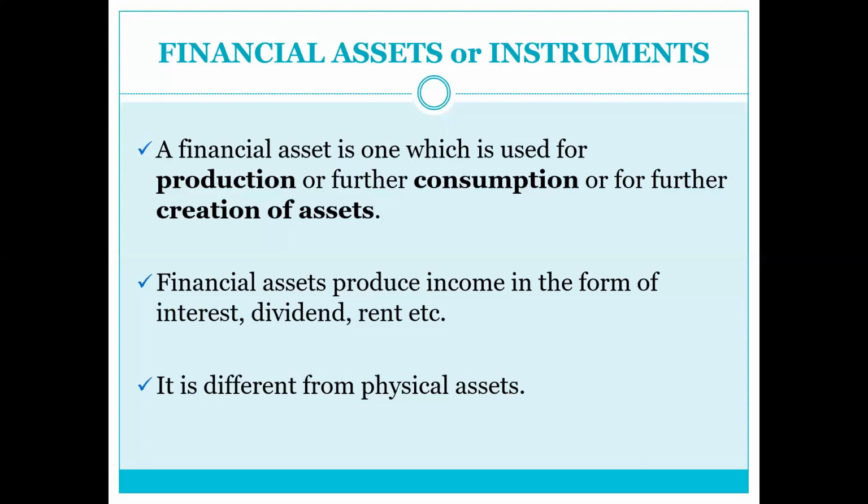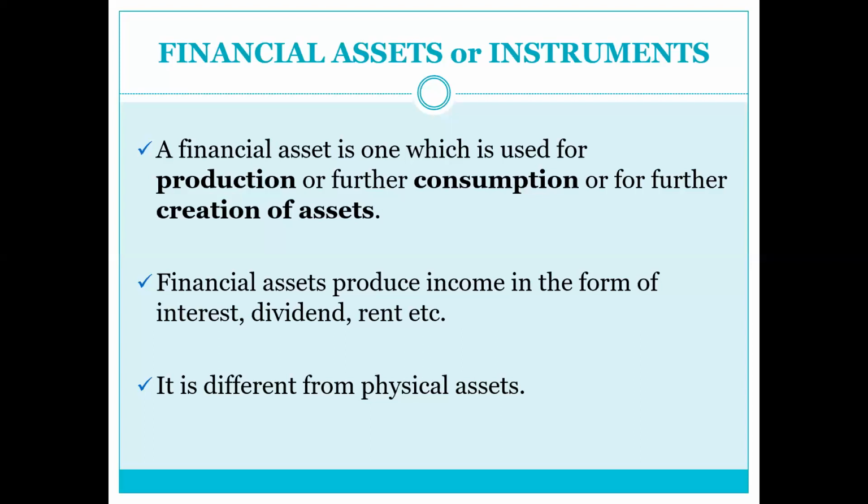Now, there is also another category, that is financial assets that give you some sort of an income in future, can be termed as financial asset. That is, if you have an asset and from that asset, if you are going to earn some sort of an income in future, then it can be termed as a financial asset. For example, you invested some money in the bank.